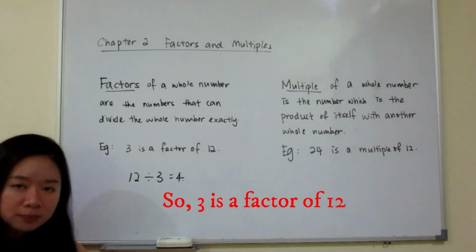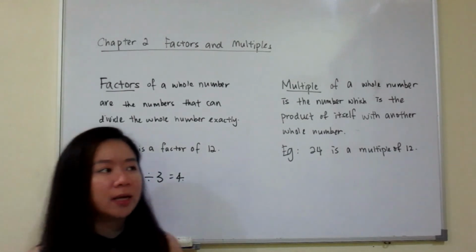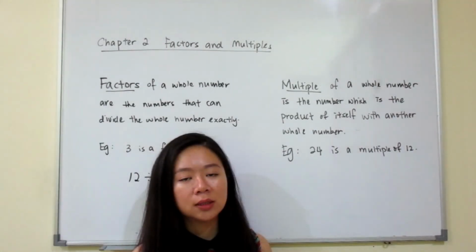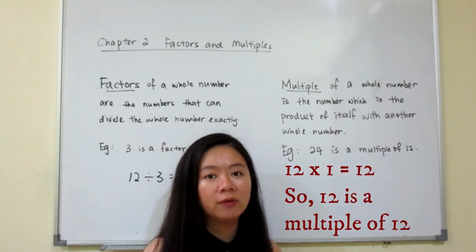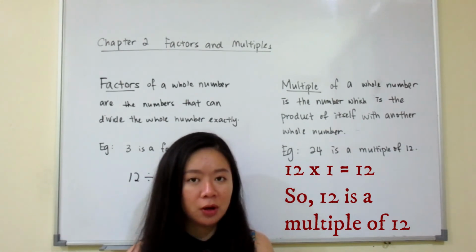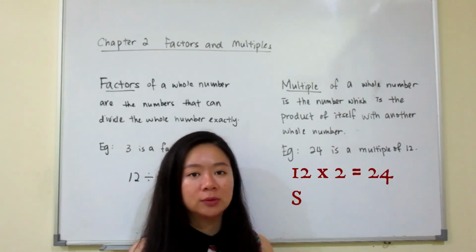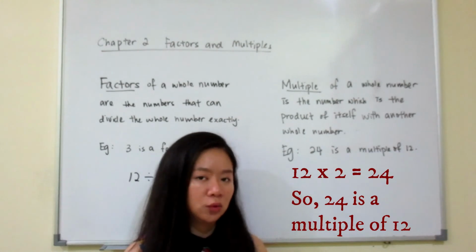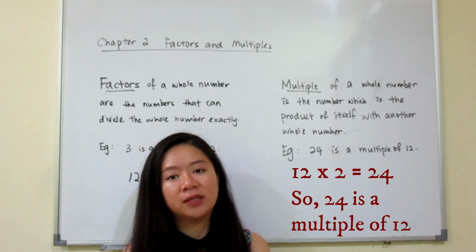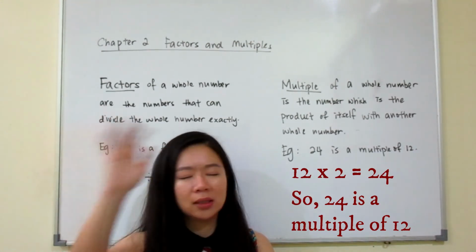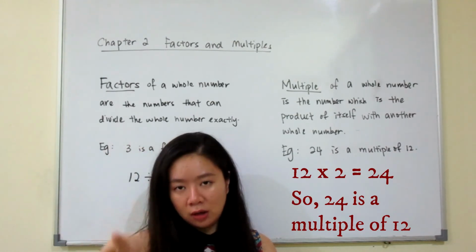How about multiple? If we say the multiple of 12, that's 12 times 1 equals 12. So 12 is a multiple of itself. And then 12 times 2, that's 24. So 24 is a multiple of 12.